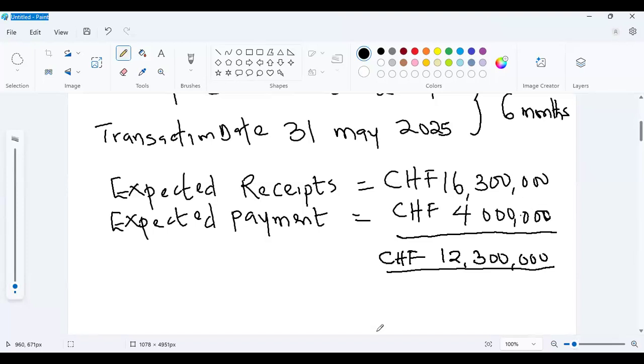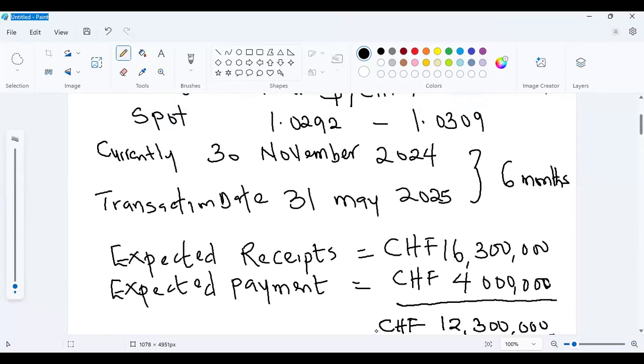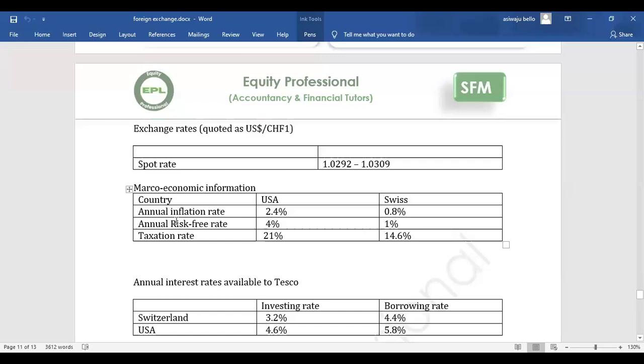Now, we have assumed that we are not given the forward rate. In the question, it was given, but we deleted it. We want to explain how you can calculate the forward rate yourself. Now, if you go to the question, the examiner gave us inflation rates. Inflation rate in US, 2.4%.